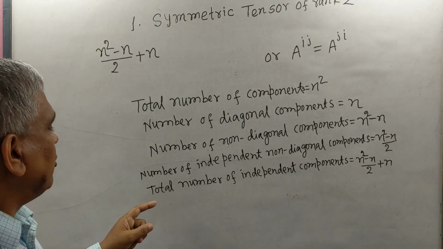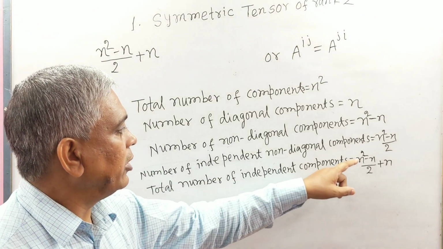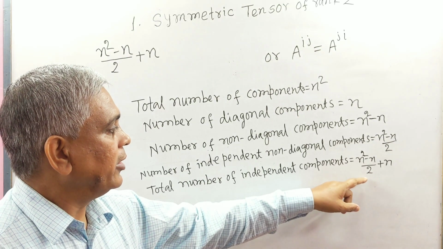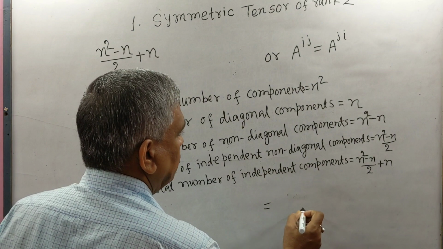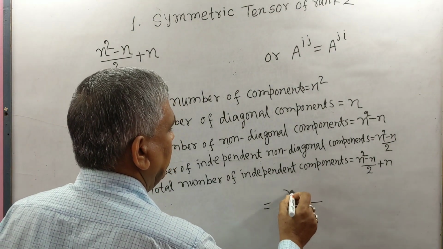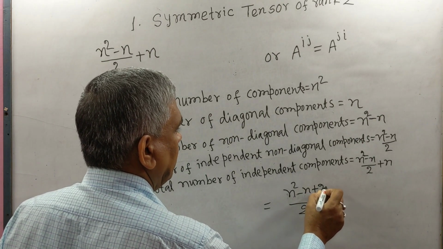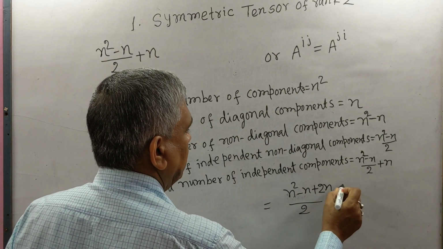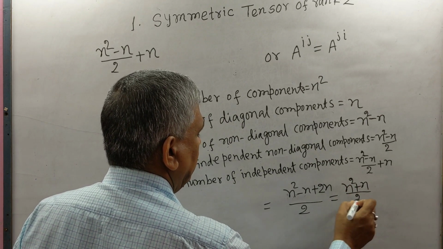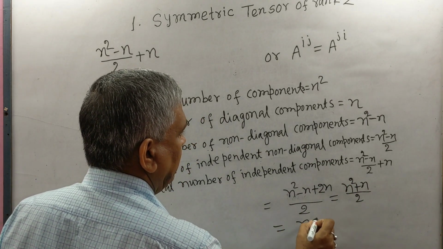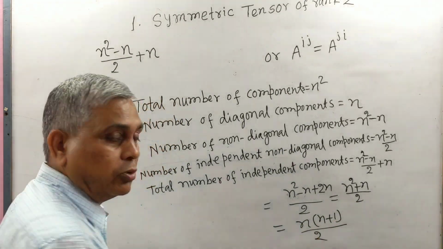Including the diagonal components, the total number of independent components equals n square minus n by 2 plus n, which equals n square minus n plus 2n by 2, equal to n square plus n by 2, that is n into n plus 1 by 2.